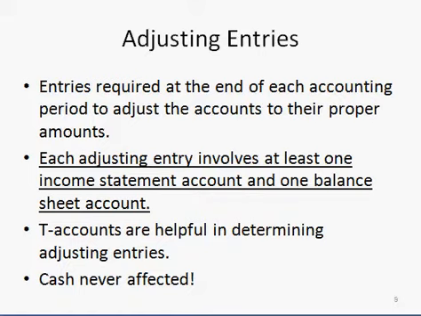Step 2 is to calculate the amount, because you're talking about partial years, so you'll have to figure out how much of that is involved in this adjusting entry. And the 3rd step is to record the journal entry, just like you record any other journal entry. These are posted just like any other journal entry. There's nothing different about that. So take some time and look at that example on page 115.